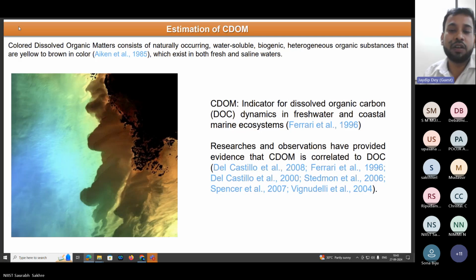It is an indicator of dissolved organic carbon dynamics in freshwater and coastal marine ecosystems. Researchers and the scientific community have reported that CDOM is highly correlated with dissolved organic carbon, which is why we can correlate these things with total organic carbon.